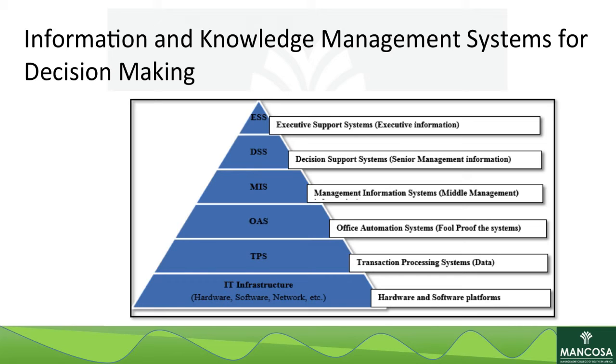The operational level of an organization includes various units such as order processing, material movement control, payroll, accounts payable, and employee record keeping. This level is responsible for daily operations.